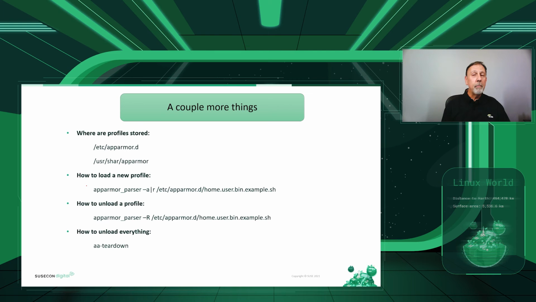But let's say you've downloaded a profile or you've modified one by hand, you might or you will want to use the apparmor_parser utility with either the -a or -r parameter to either reload a particular profile or to add a profile that didn't exist yet to the server.